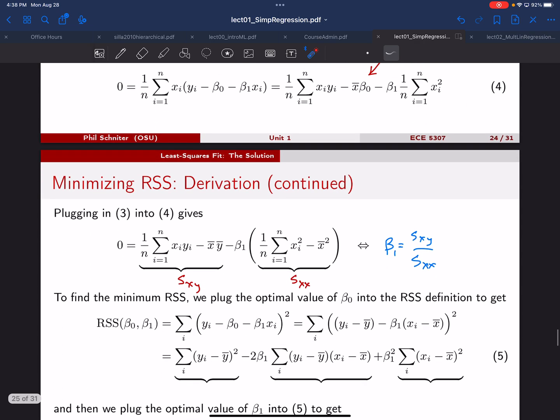And that will give us the beta 0 will turn into this y bar minus beta 1 x bar. Now we have a quadratic. We can expand this into the first term squared, the cross terms here, and the second term squared. And of course, each one has the sum over i.